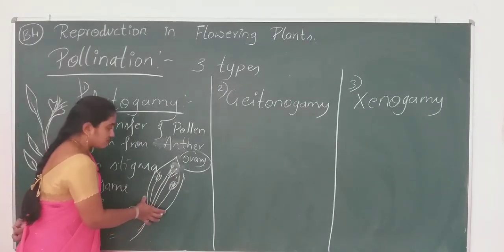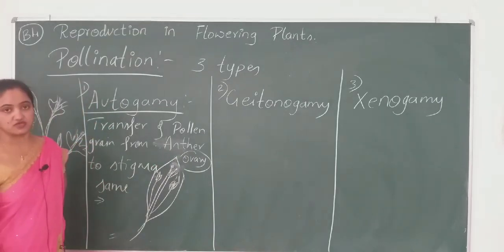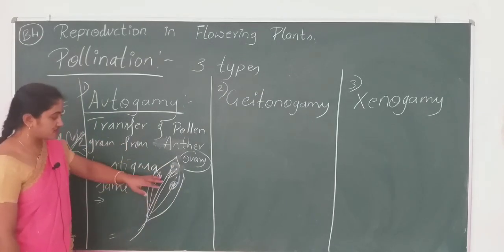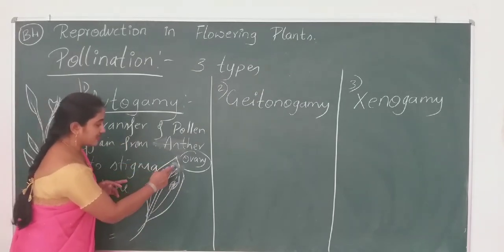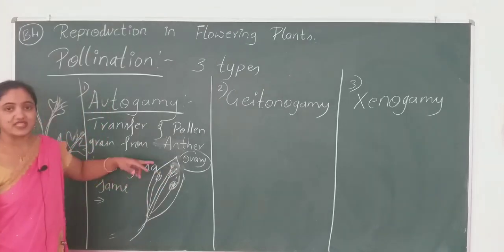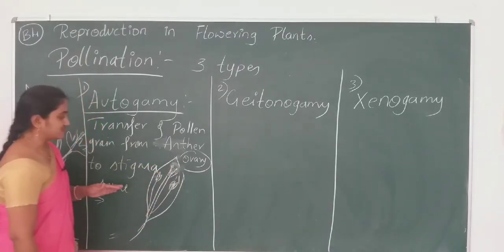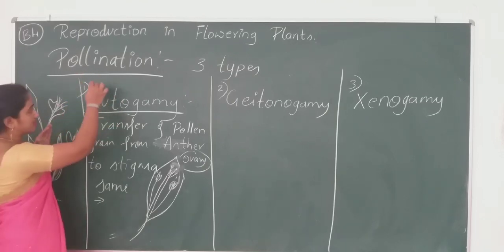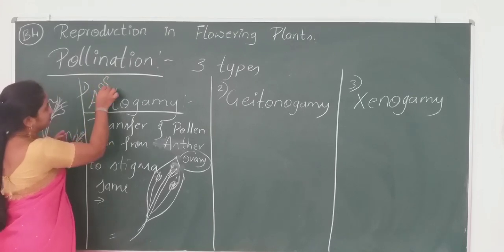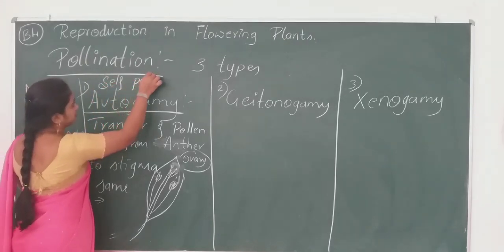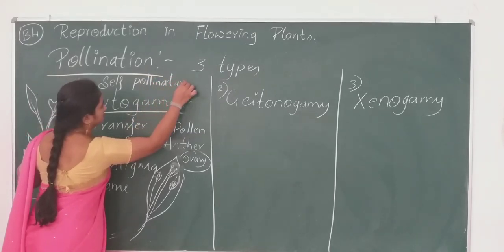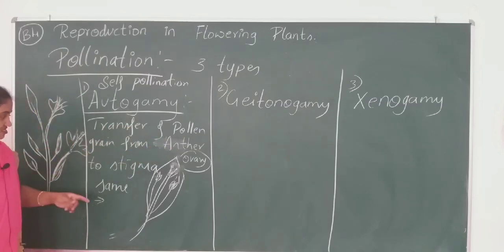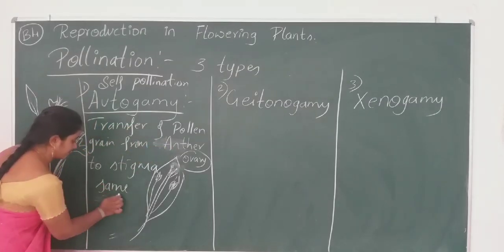The flower will be closed, or it won't open at all, and the anther and stigma lie close to one another. In these conditions, autogamy takes place. This type of pollination is self-pollination, where the pollen grain is transferred from anther to the stigma of the same flower.